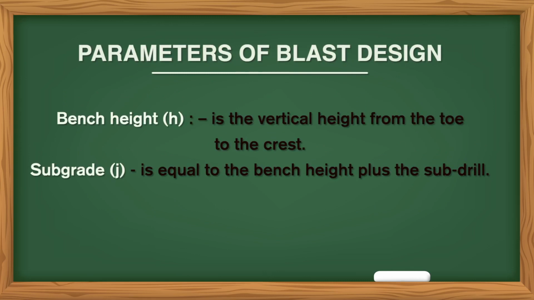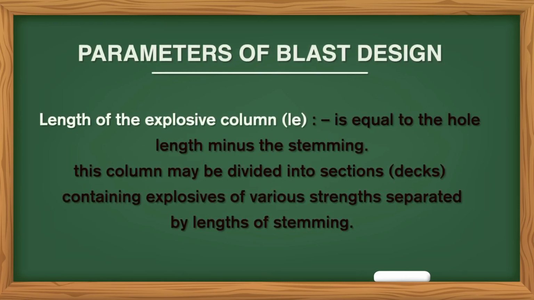Next, drill length is equal to the bench height plus the sub-drill. Length of explosive column LE is equal to the hole length minus the stemming. This column may be divided into sections, or decks, containing explosive of various strength separated by lengths of stemming.